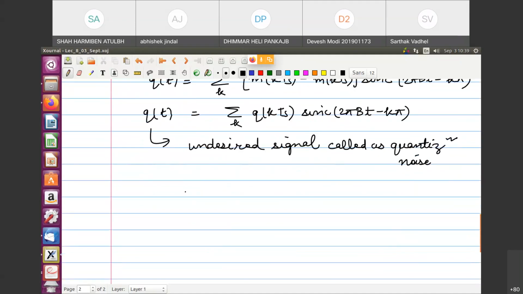So we need to study how much noise we are going to induce. The quantification, or the measure, of that noise is required for us to know. So let us obtain its power. This will tell us the power of the quantization noise, or the mean square value of q.